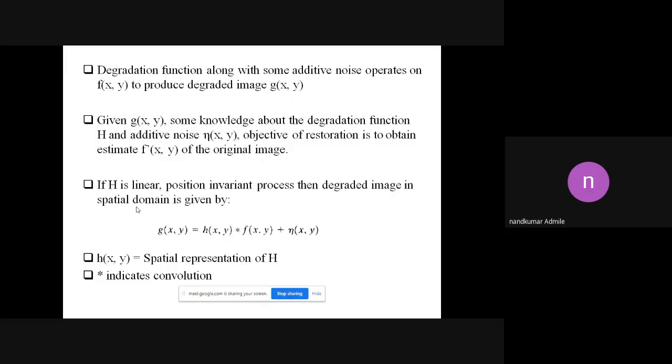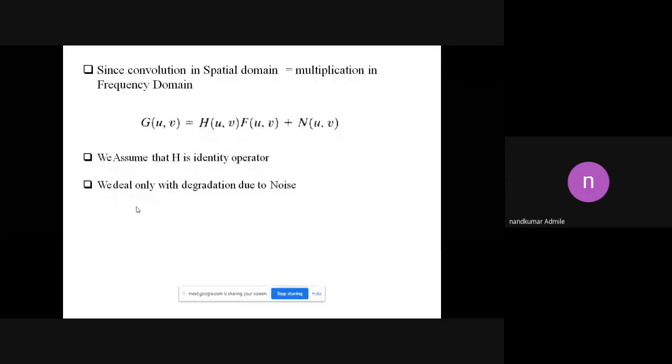Okay, so the concept of image restoration is clear. The definition of image restoration is clear. In image restoration we can remove the noise from an input image, and we can restore it by using a degradation model.